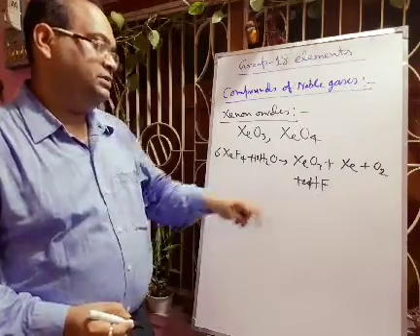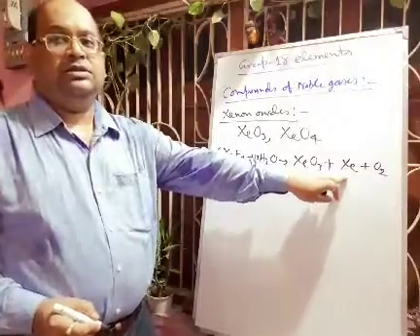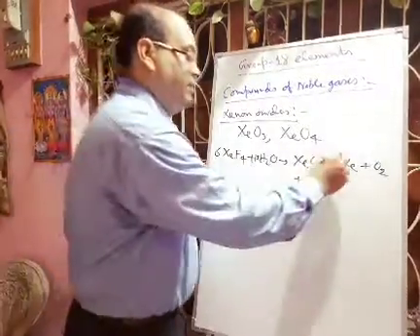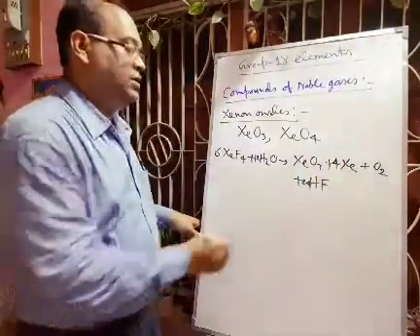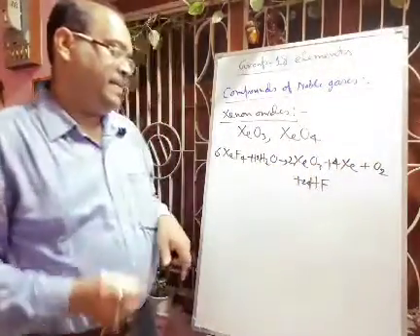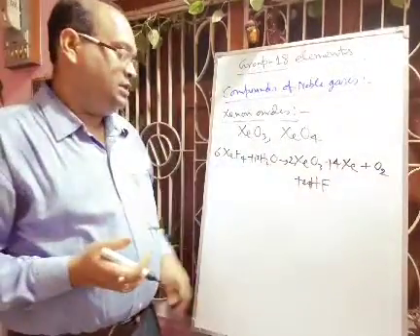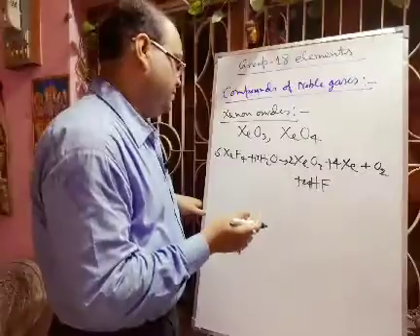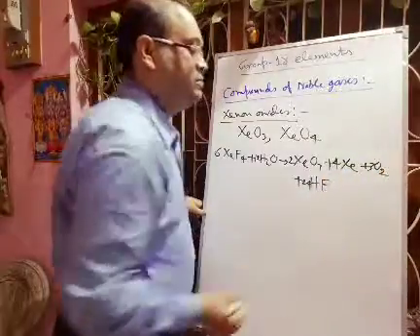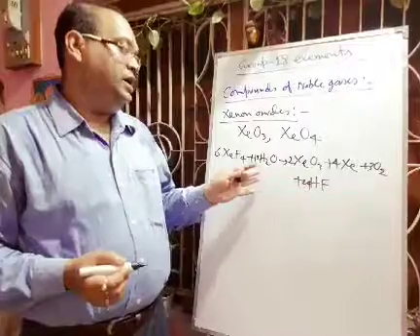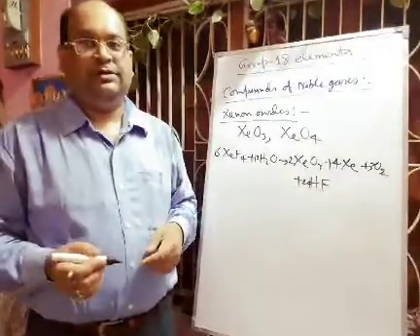Next xenon: how much xenon is required will be found, that is 4 Xe, so then it will be twice XeO3. Now you have to match the oxygen. Here 3 into 2 is 6, that means 3O2. In this way you can prepare xenon trioxide.